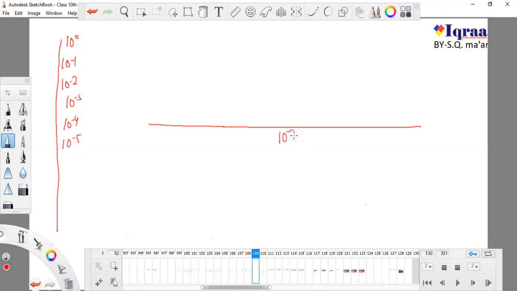So here it is 10 to the power minus 7, minus 6, minus 5, minus 4, minus 3, minus 2, minus 1, and finally 10 to the power 0, and then 10 to the power minus 8, minus 9, minus 10, minus 11, minus 12, minus 13.